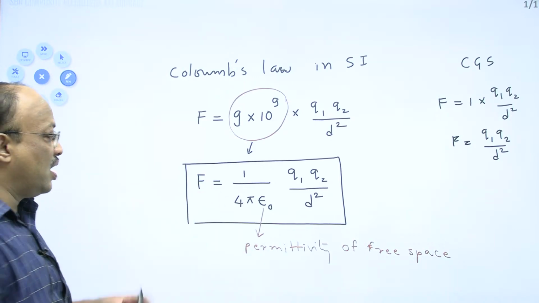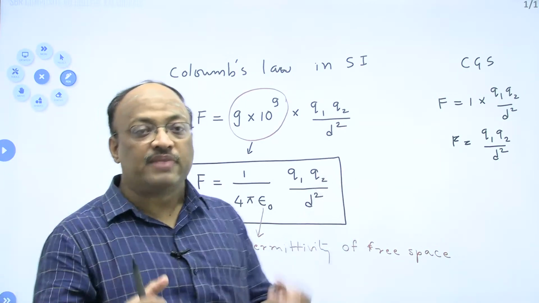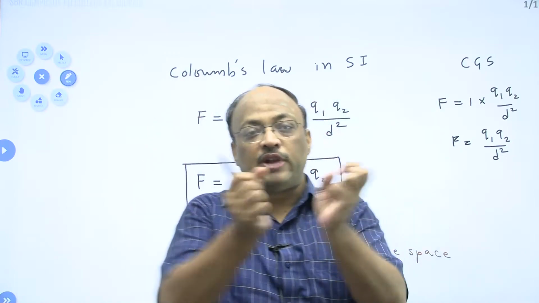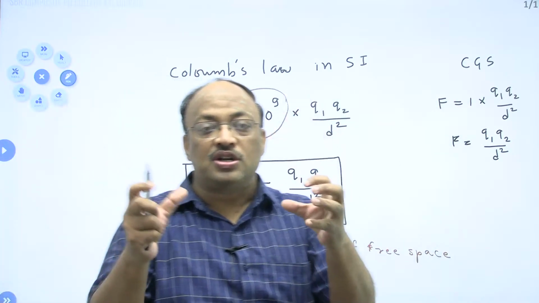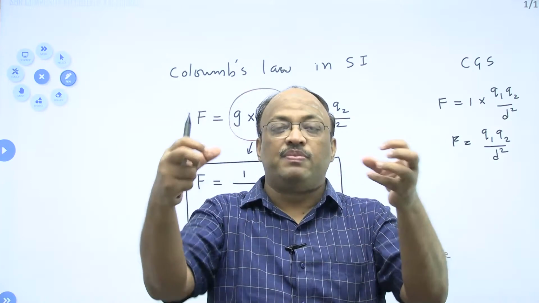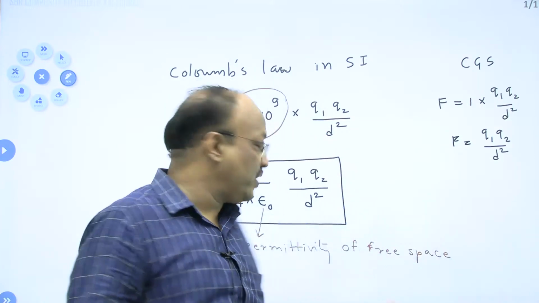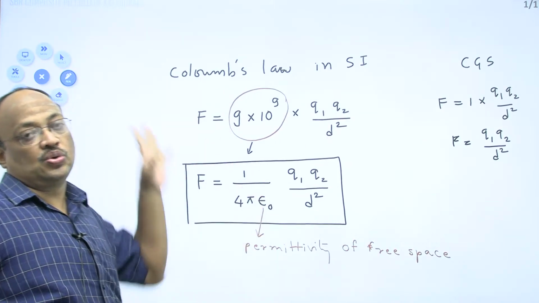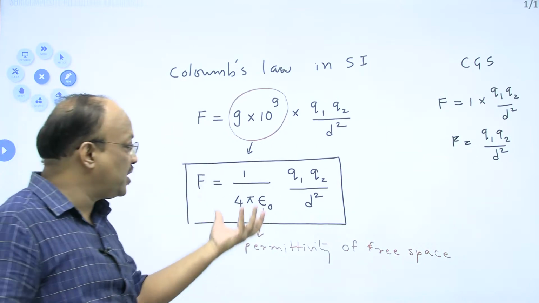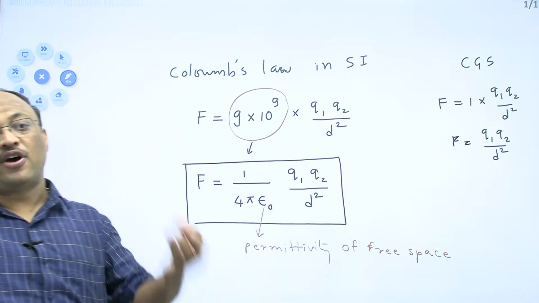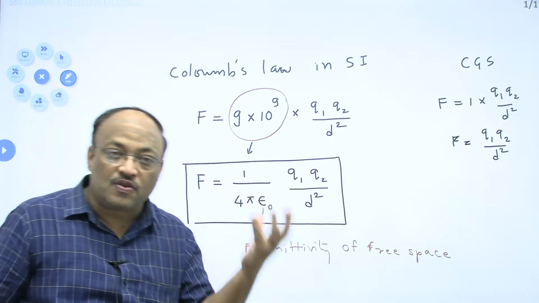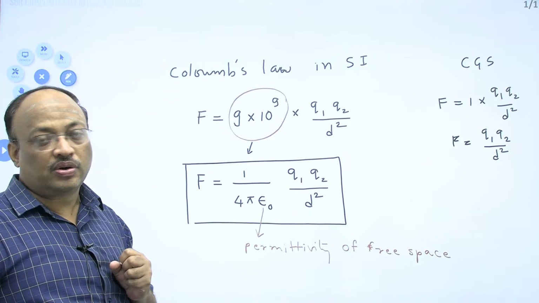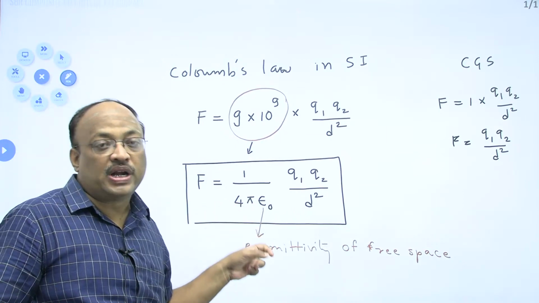In the sense, how much permission the medium in between the two charges is giving for the force of attraction or repulsion. The force depends on that also. So that we call permittivity.